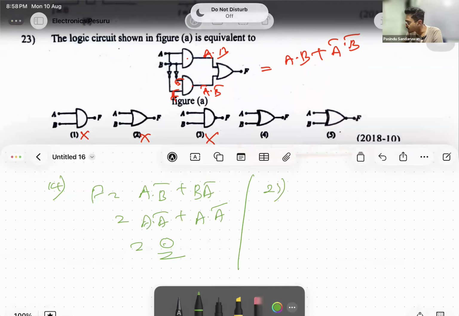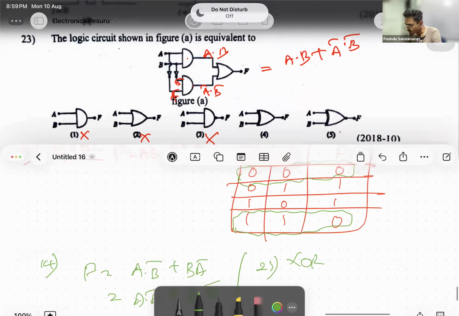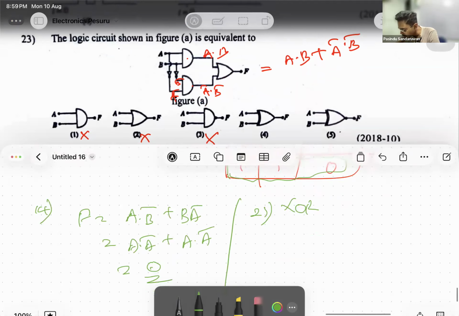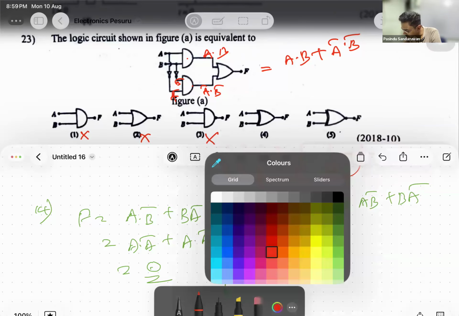About XOR, you know the output of an XOR gate is AB bar plus BA bar. Right? It is completely different from what I have got. Then I'm going to check with XNOR. See, the output of XNOR.